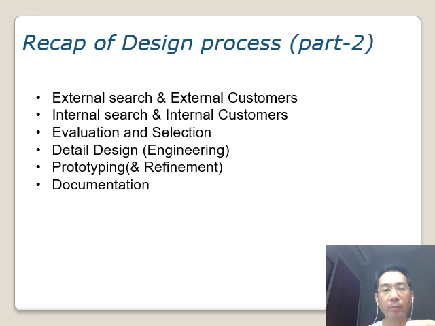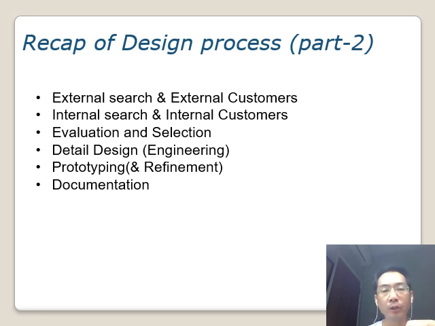Then for the prototyping process, we can produce the prototype model to present to the customer. Meanwhile, we can have the model for testing, so that we can have the report and show the data to the external customers as well as internal customers.